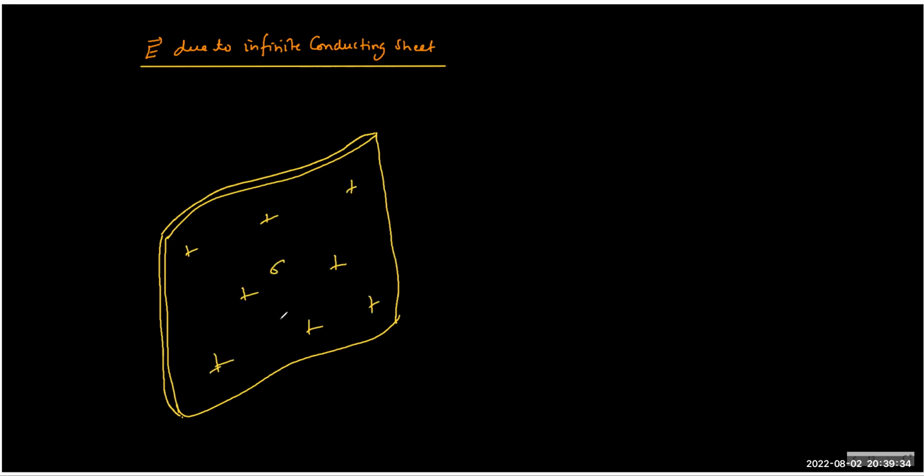So now something very interesting will happen. The charge given to a thin metallic sheet, if you give some charge, it will spread over the surface, and that spread will be independent of the thickness of the sheet, isn't it?